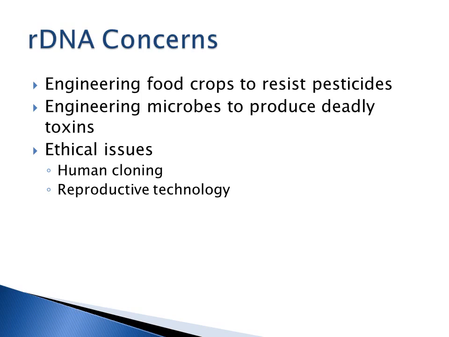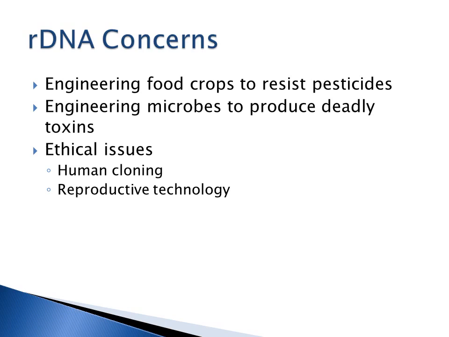For example, engineering food crops to resist pesticides. Some people are concerned about eating food that contains recombinant DNA because, what if the recombinant DNA gets into the body and causes a certain mutation, things like that. Engineering microbes to produce deadly toxins.